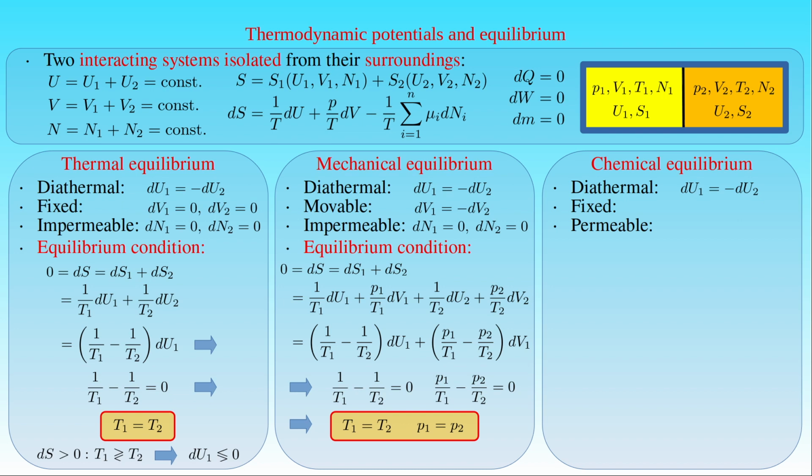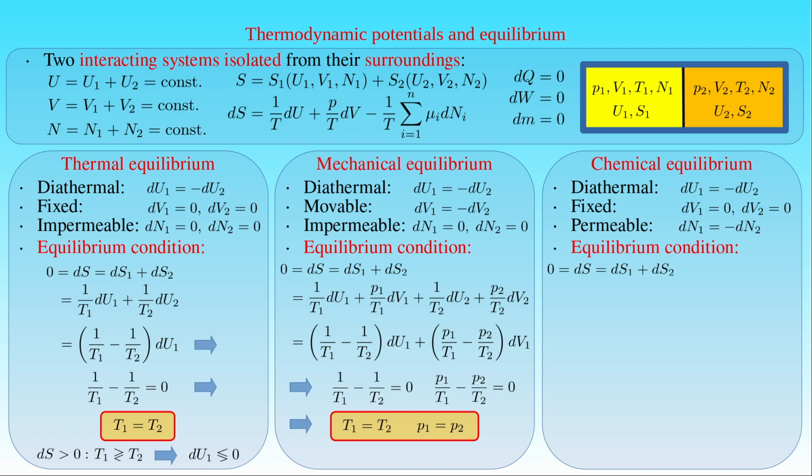Since the wall is fixed, the differentials of volumes V1 and V2 vanish. For a permeable wall allowing the exchange of matter between the two subsystems within the isolated system, we can write that the differential of the number of particles N1 is equal to minus the differential of the number of particles N2.